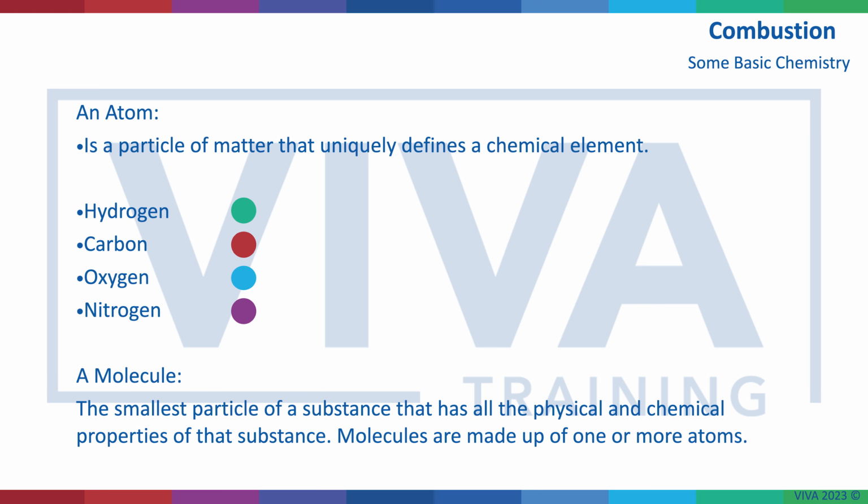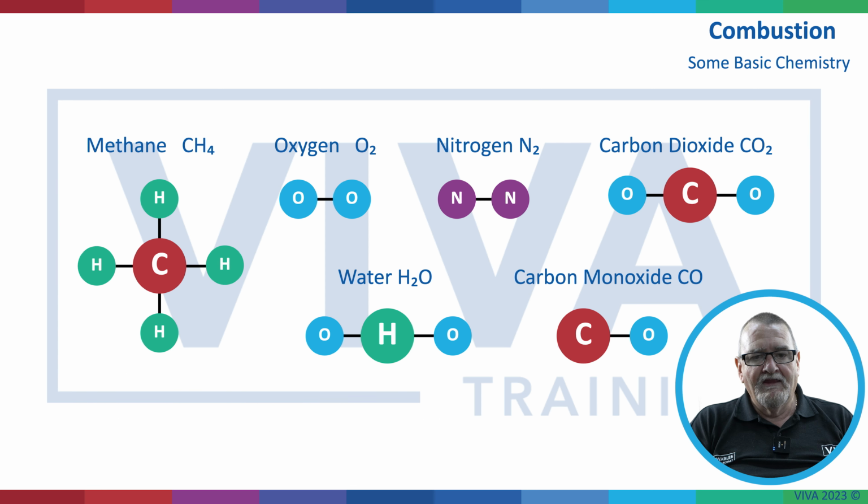When we looked at natural gas, we talked about CH4, 1 carbon, 4 hydrogens, if you cast your mind back to that presentation. That's what it is, methane, natural gas, CH4. We talk about oxygen, O2, so we've got 2 oxygens there. Nitrogen the same, N2. Carbon dioxide, CO2, the same stuff that we breathe out, and one of the constituents of the products of combustion, is carbon and 2 oxygens.